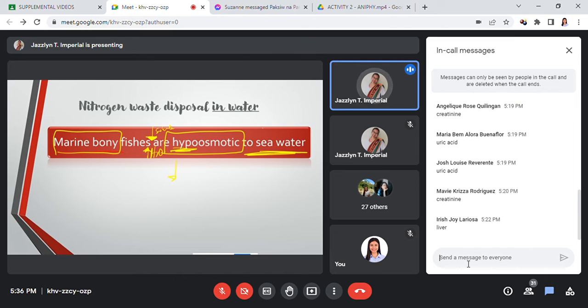Seawater is hyperosmotic to the fish. The fish is hypoosmotic to seawater.